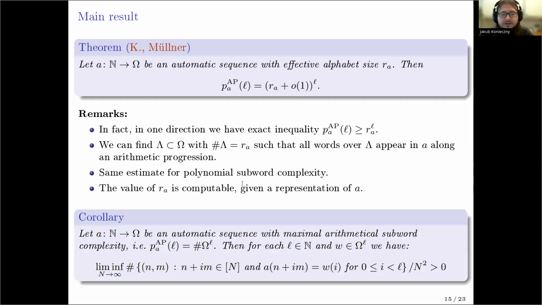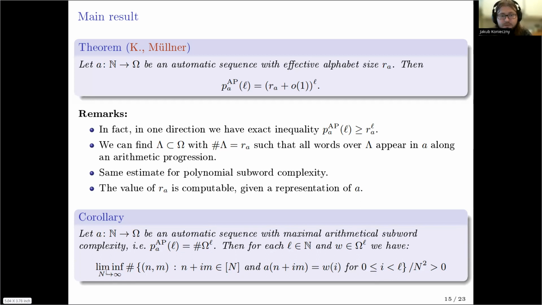And it also has a nice corollary in the case of sequences with maximal subword complexity, by which I mean that the arithmetical subword complexity at L is the size of the alphabet to power L. And for those sequences, not only does each word appear along an arithmetic progression, but each word appears along an arithmetic progression quite often.